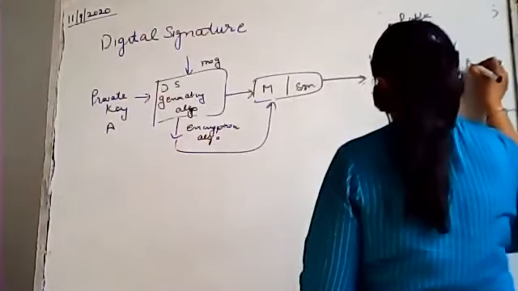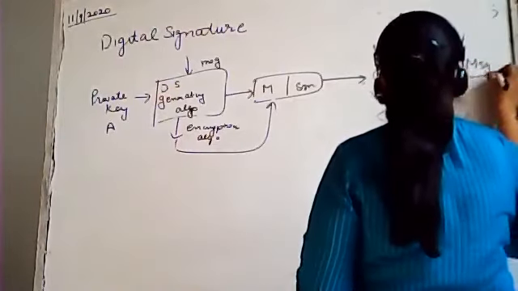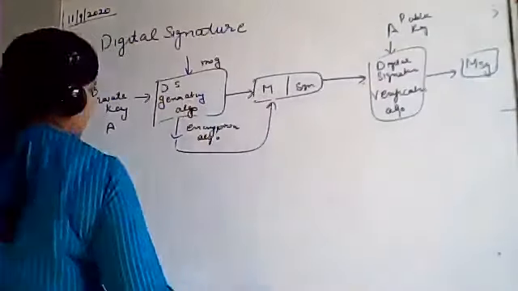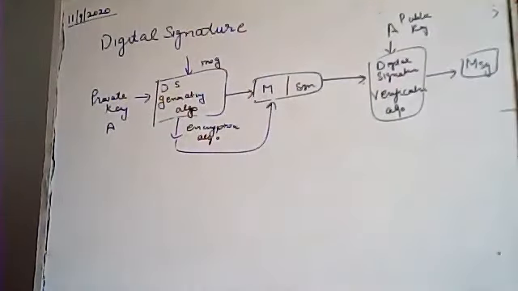Finally, we will get the message after the validity check. When we verify that the signatures at both ends are the same, in that case we will get the output. So this is how we can use the digital signature concept.